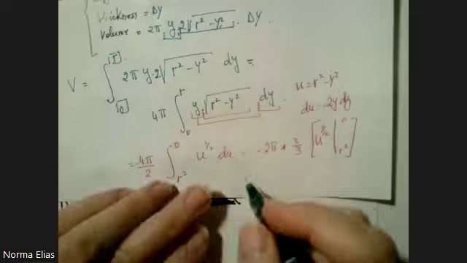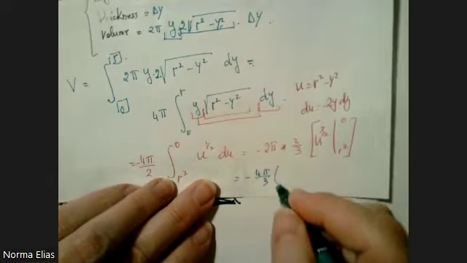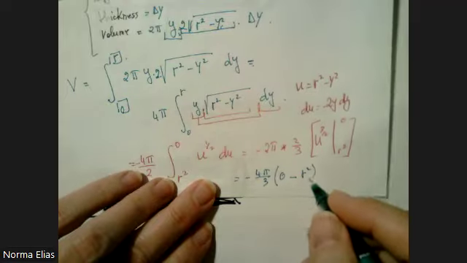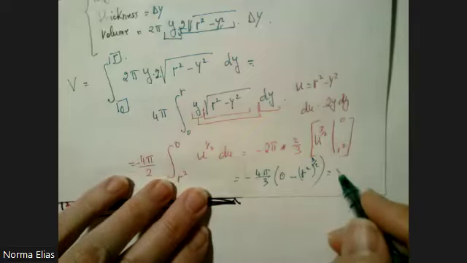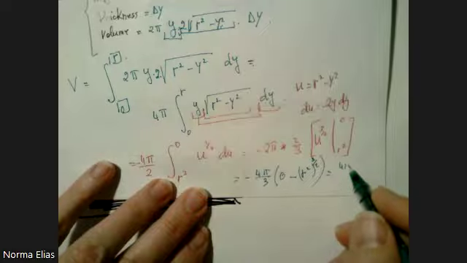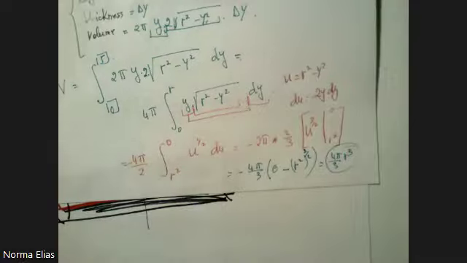So finally, I will get minus 4 pi over 3 times 0 minus r squared to the power 3/2. r squared to the 3/2 is r cubed. I will get 4 pi over 3 r to the power 3. End of the problem.